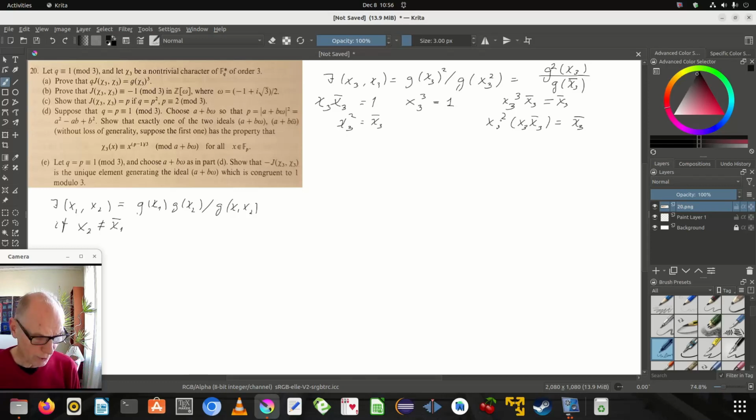Right. Then what do we know? Well, it's time to multiply by, we take this equation and multiply by, we extend this with g of chi3. Forget this for the time being.